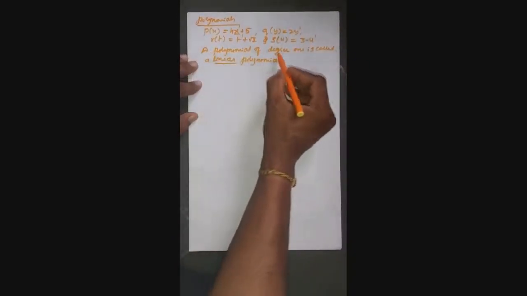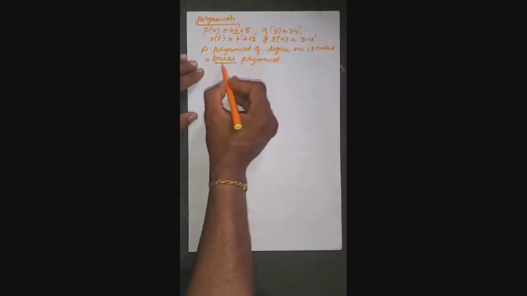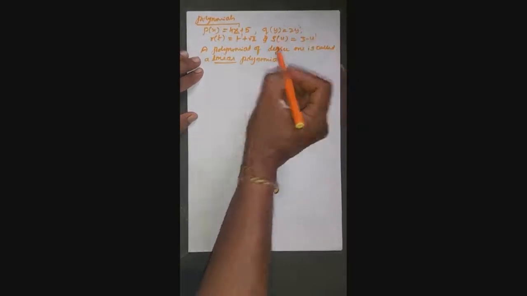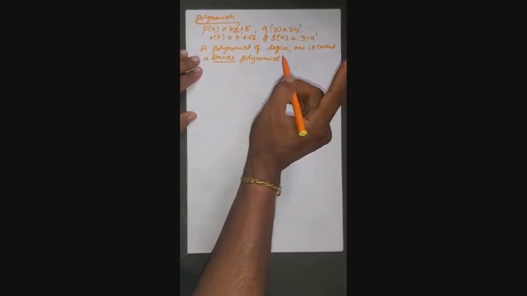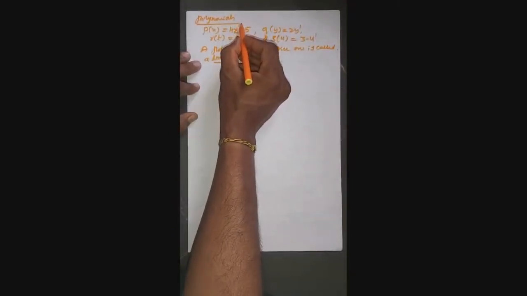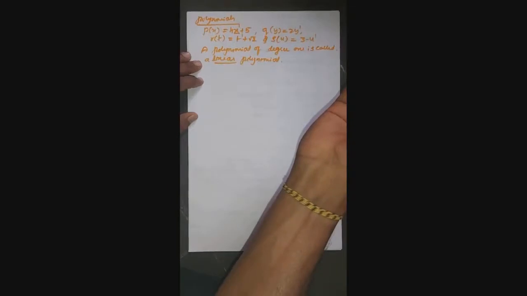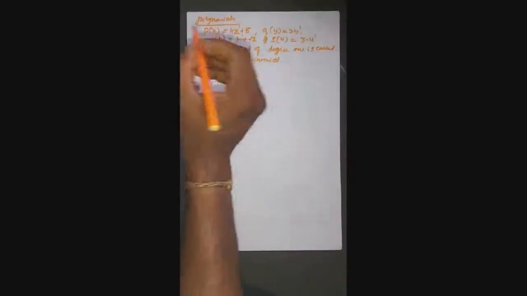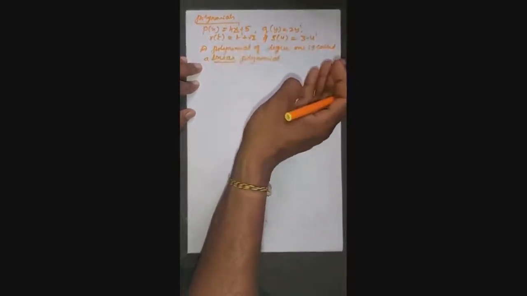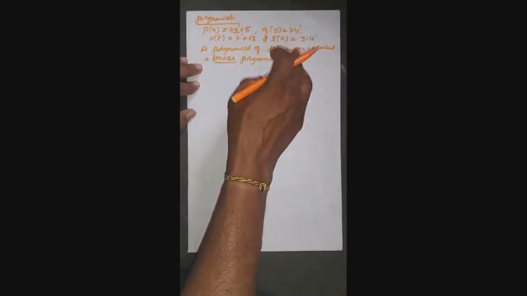See, a polynomial of degree 1 is called a linear polynomial. For this highest power we can also say degree. Okay, see here, the degree of each of these polynomials is 1. A polynomial of degree 1 is called a linear polynomial.